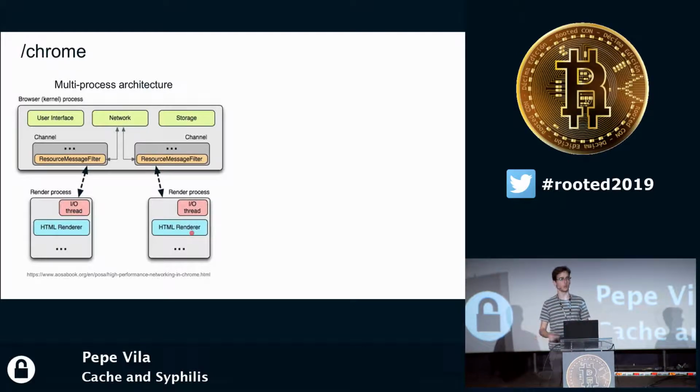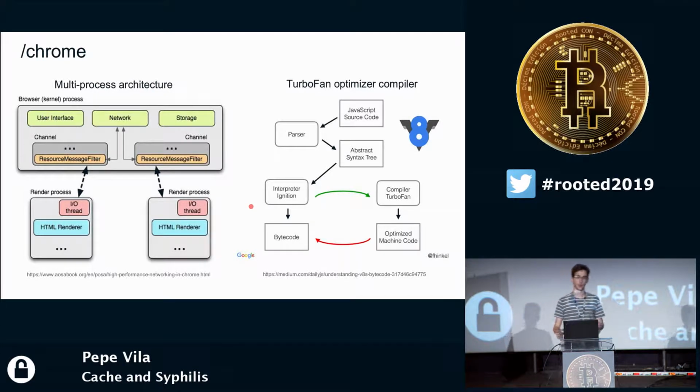I will be basing this on Chrome, but the ideas could be generalized. Chrome is a multi-process architecture. Each tab, each security domain, will be running its own process in the operating system, in isolation. The part that matters to us is V8.